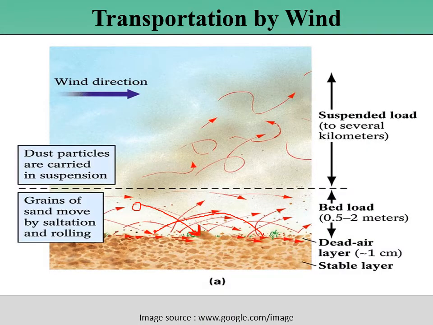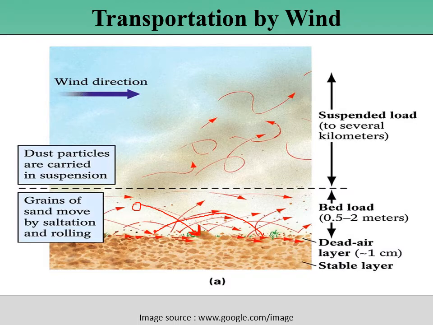Now, if we look at the transportation process of wind-blown particles, mainly the wind-blown particles move in three different ways. Particularly the sand-sized particles move either by rolling along the surface or by saltation, that is periodical jumping along the surface.